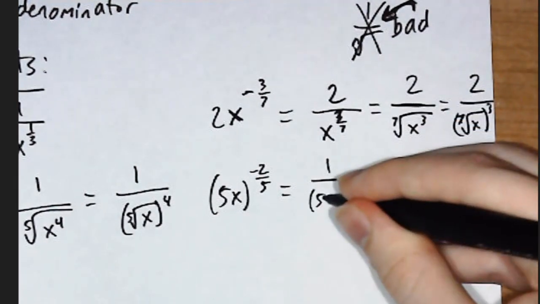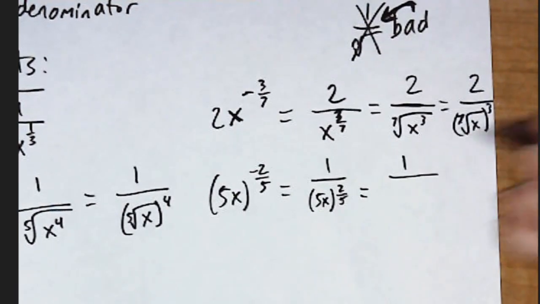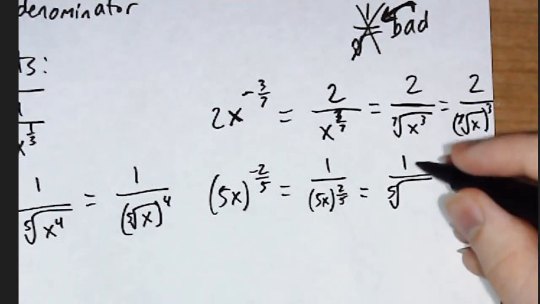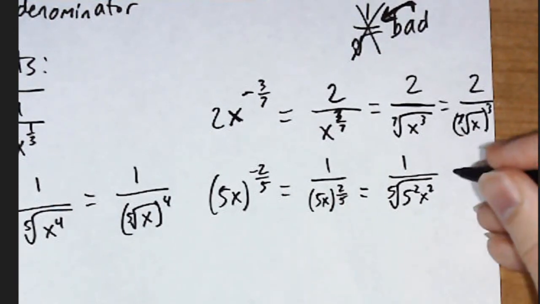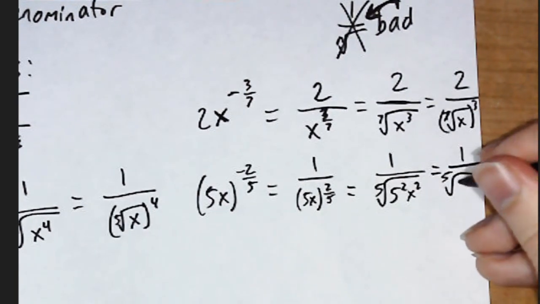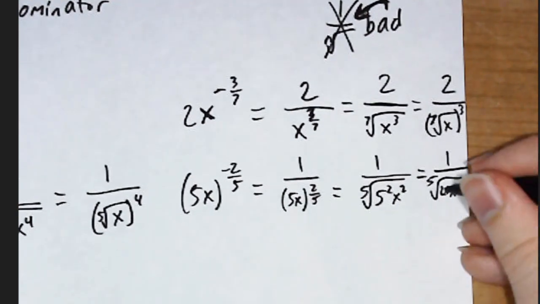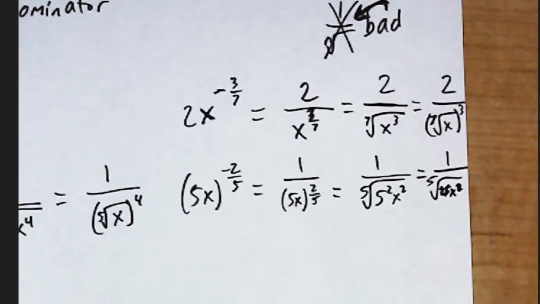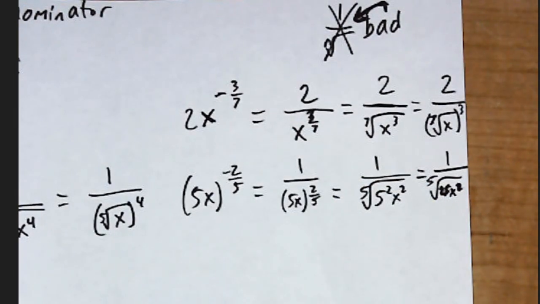And now we have 5x to the positive 2/5, which is going to give us 1 over the 5th root of 5 squared x squared, which is the 5th root of 25x squared. Again, this is all in the denominator because our starting exponent was negative. So that should give you an idea of how negative exponents work.